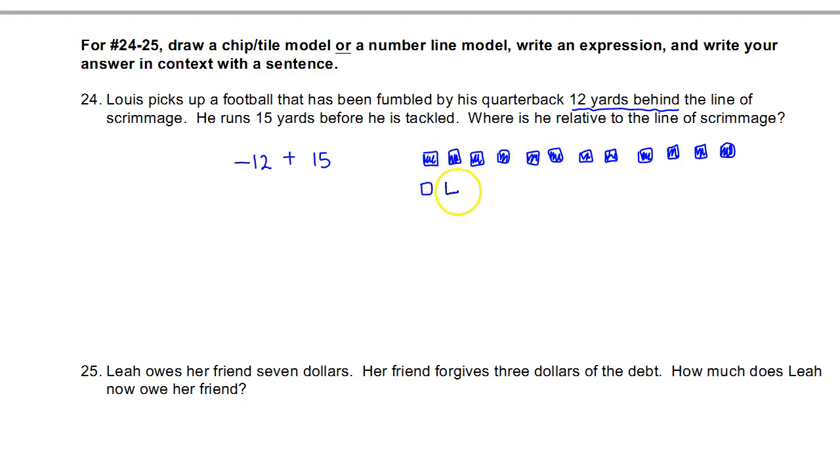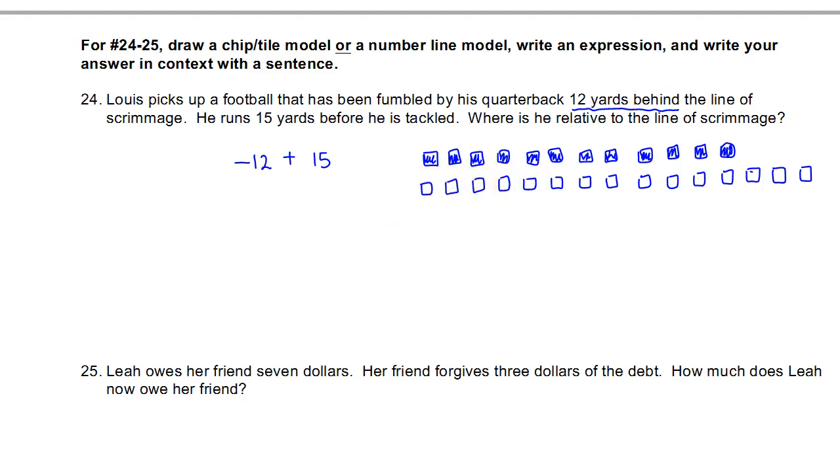And then of course the 15 is going to be more chips, but they're not shaded, so they're a little bit quicker to get on the paper. So that should be 12, 13, 14, and 15, but I'm going to double check. 1, 2, 3, 4, 5, 6, 7, 8, 9, 10, 11, 12, 13, 14, 15.